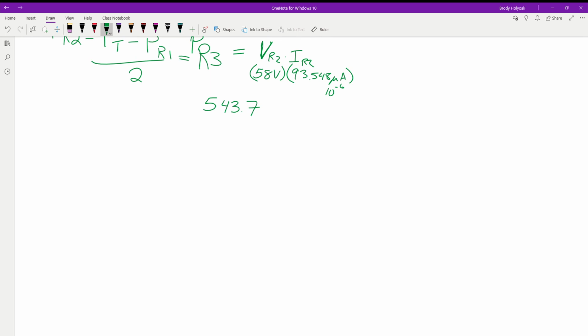So 93,548 times 10 to the negative 6th. So I think you're off just a hair on your decimal points, unless I wrote the number down wrong. I think I wrote down the decimal point wrong is what I did. Sorry, Simon, I put the decimal in the wrong place. So did you get that calculation? Okay. So we got 5.426 milliwatts.